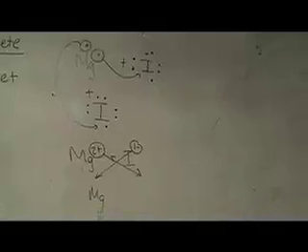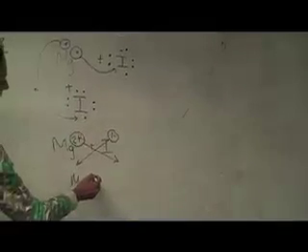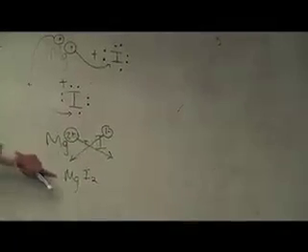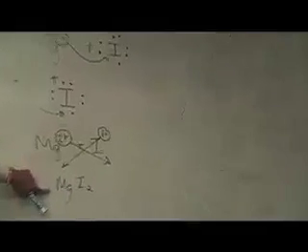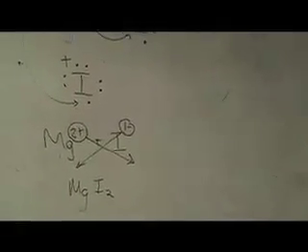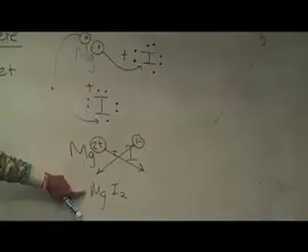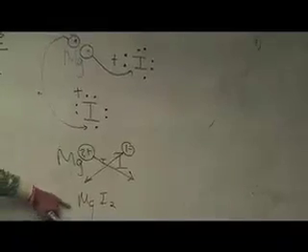Do I need to write the 1? No. Iodine is going to get 2. So I write the 2 here. And now that's my compound, magnesium iodide. It means I have 1 ion of magnesium and 2 of iodine in every molecule of this compound.